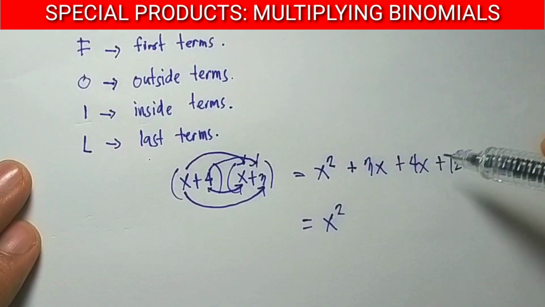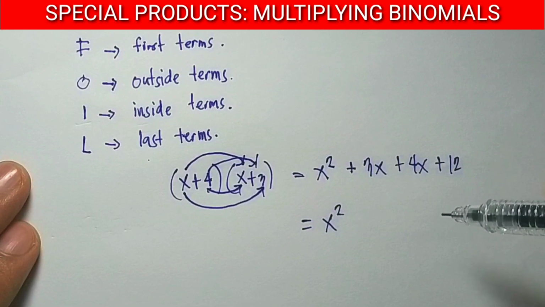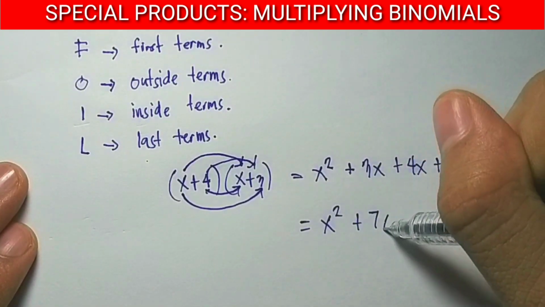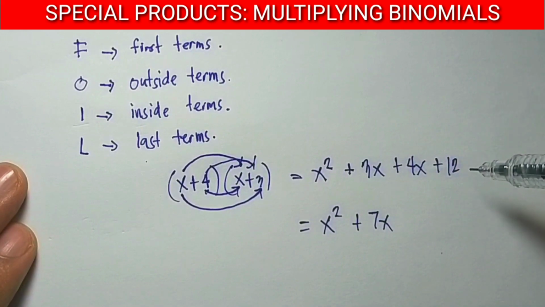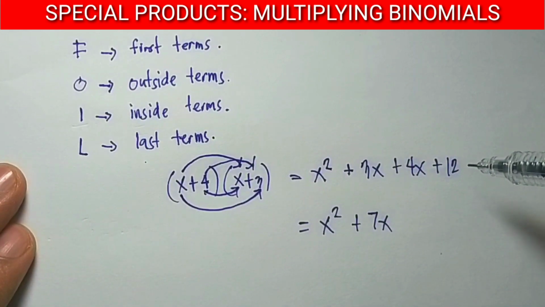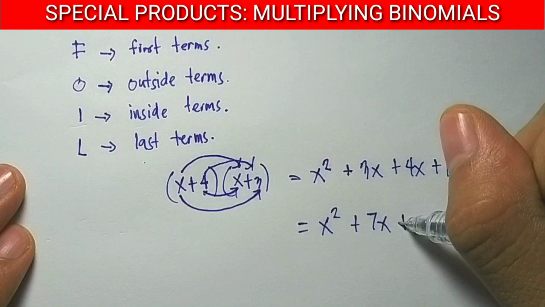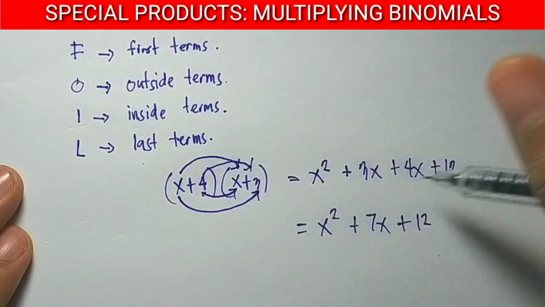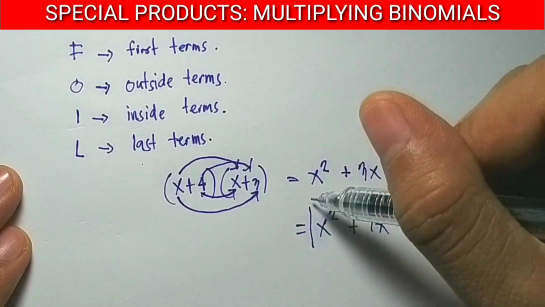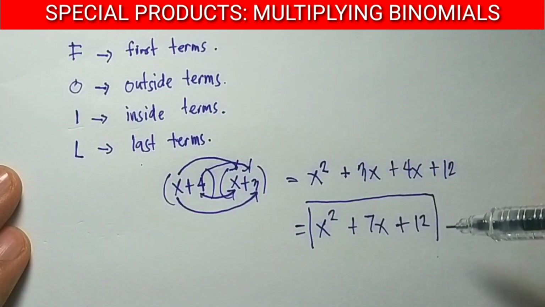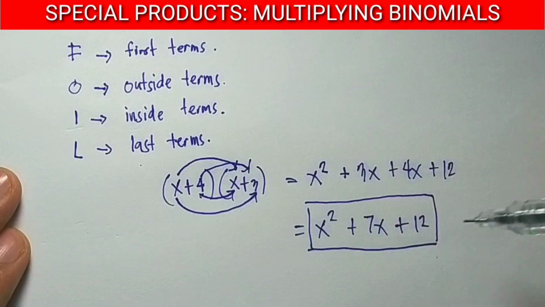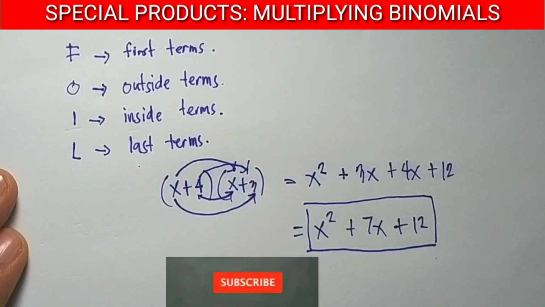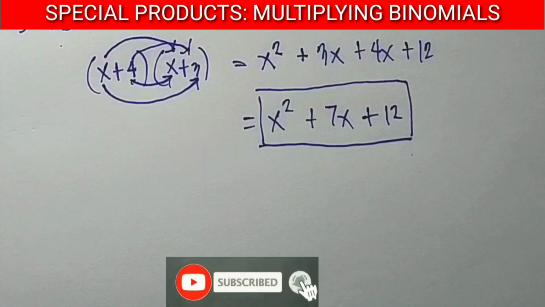So 3x plus 4x, so pasabot ang tulo ka x plus ang upat ka x pila tanan. So that is 7x. Nya kini si 12 wala may kapareho niyang term. So kopyahon ra pud na nato si 12. Positive 12. So mao na ni atong product karon. X squared plus 7x plus 12. So in-ana ra kasayon pag multiply sa duha ka binomial.